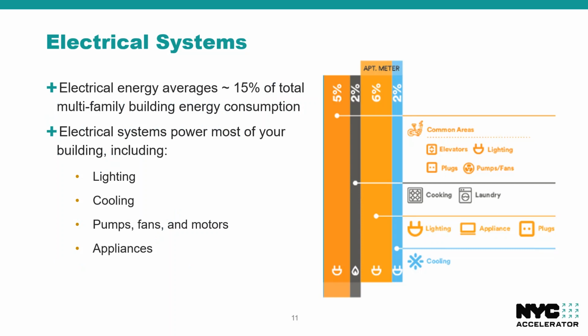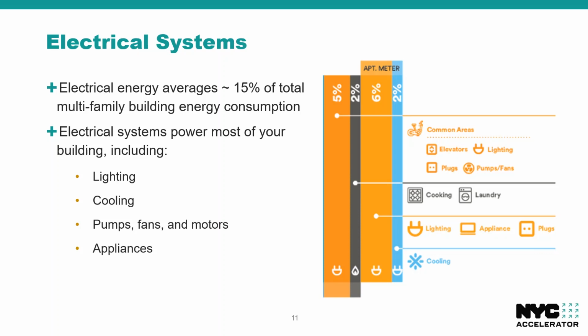Let's take a look at building electrical systems and their role in building energy use. Electrical systems account for about 13 to 15% of a building's total energy consumption in New York City multifamily buildings, depending on when the building was constructed and its size. This includes lighting, cooling, pumps that distribute water, fans for ventilation, motors for elevators, appliances, and plug loads.